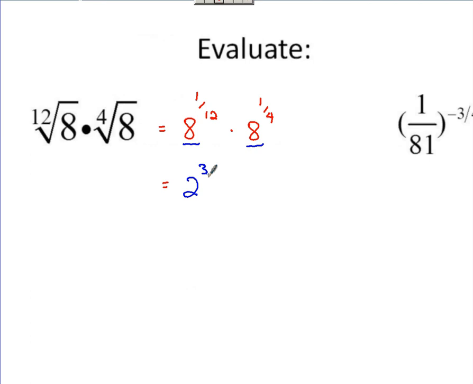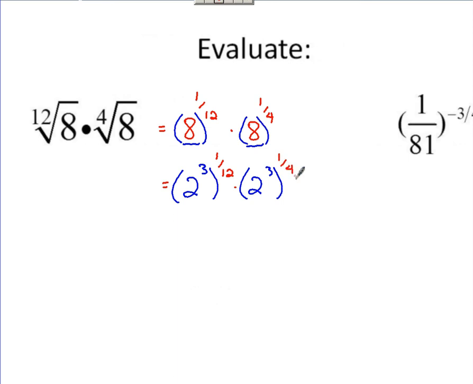So if I take this 8 idea out, which I understand is raised to the 1/12th, I replace it with some prime base raised to a power that gives me 8, so 2 to the 3rd. 2 to the 3rd would be raised to the 1/12th power. And likewise, over here, this 8, if I replace that as 2 to the 3rd, that would be raised to the 1/4th power.